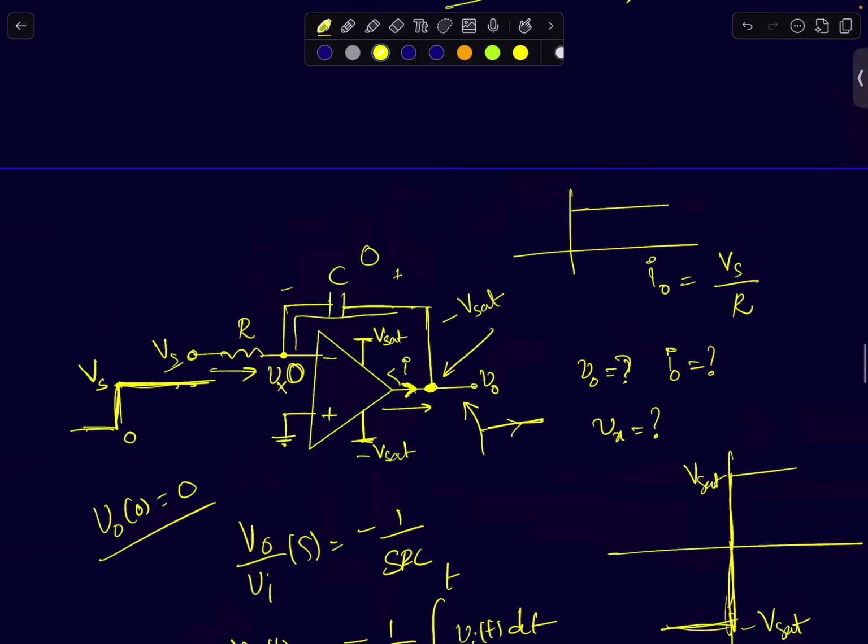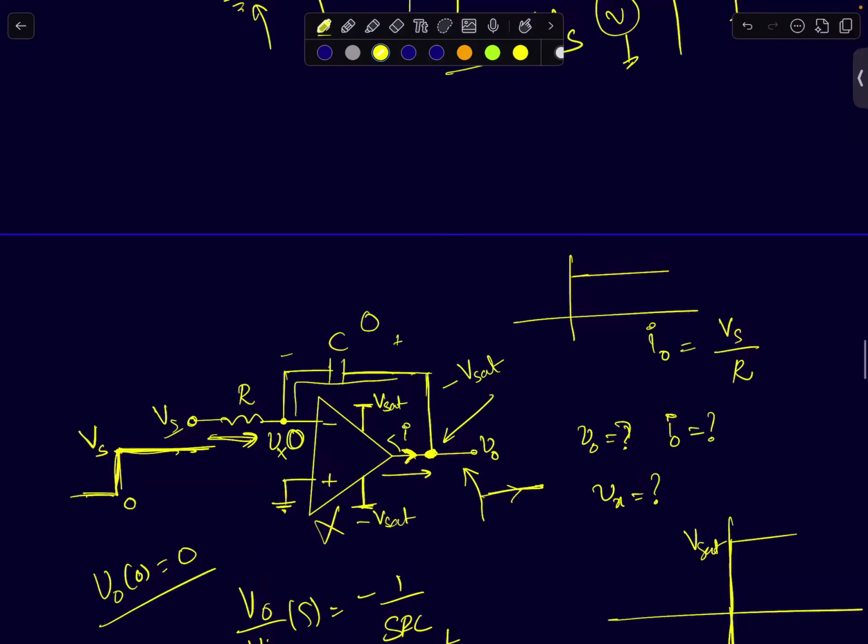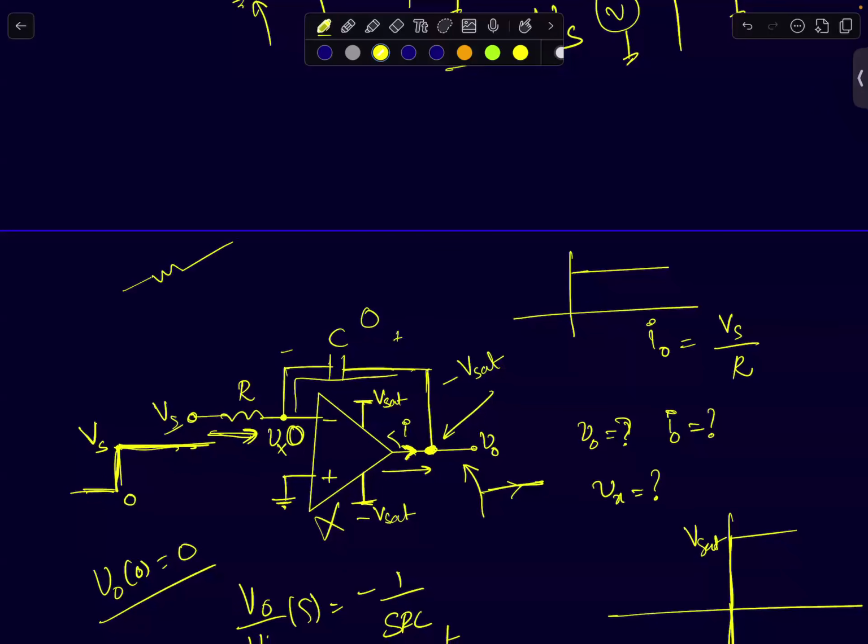So you will have a situation like this. Look at this input. Op amp is no longer in feedback, so I can forget about the op amp. You'll have a resistor and a capacitor, where one side of the capacitor is at minus Vsat. The other side, initially it was at 0 volts. This will be R. This node is at Vs, a DC voltage source of Vs. Now, what do you think will happen?